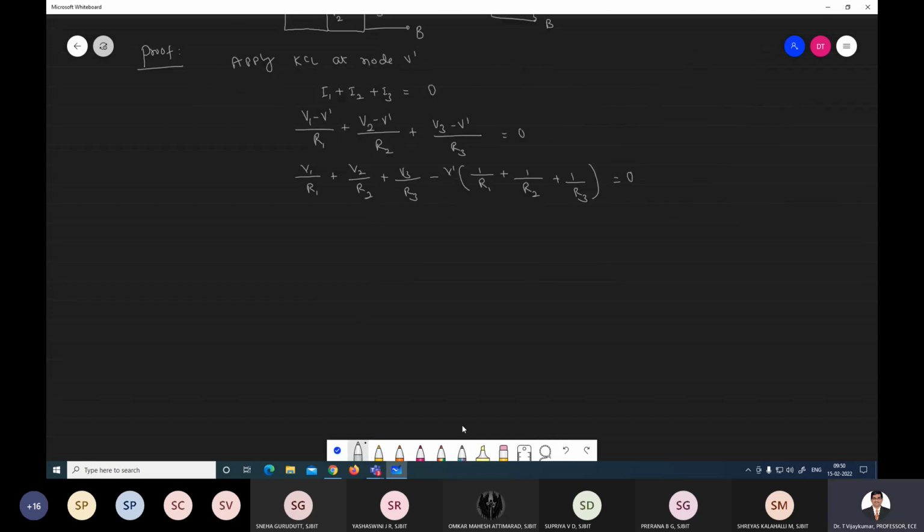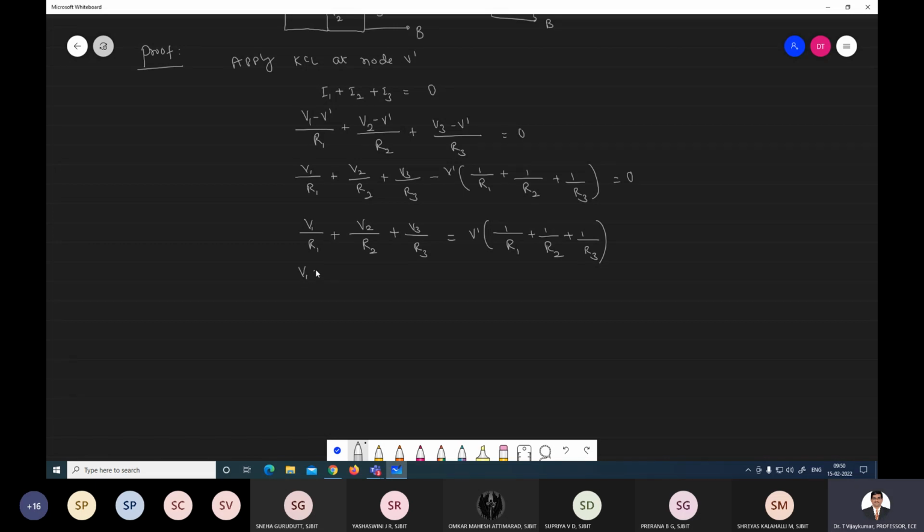Taking this to the right hand side: V1 by R1 plus V2 by R2 plus V3 by R3 is equal to V dash into (1 by R1 plus 1 by R2 plus 1 by R3).